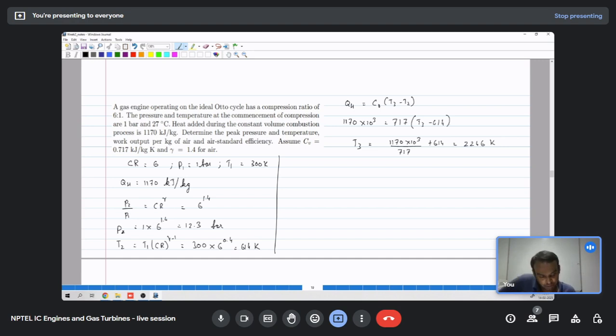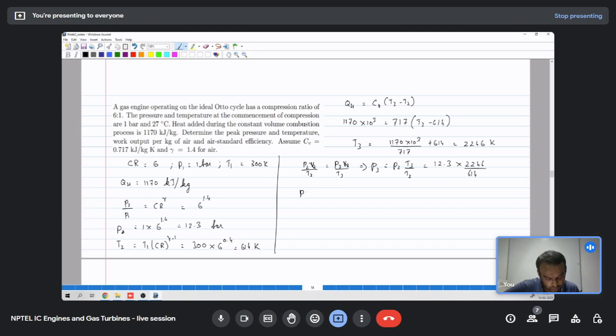So we have to calculate the peak pressure. You can use the relation P2 V2 by T2 equal to P3 V3 by T3. Here volume before and after heat addition is the same because it is a constant volume heat addition. Then we will have P3 as P2 into T3 by T2. So P2 is 12.3 bar into T3 is 2246 divided by T2 is 614 Kelvin.